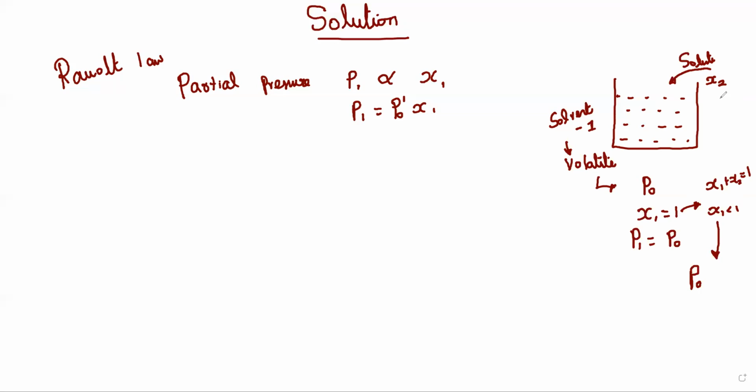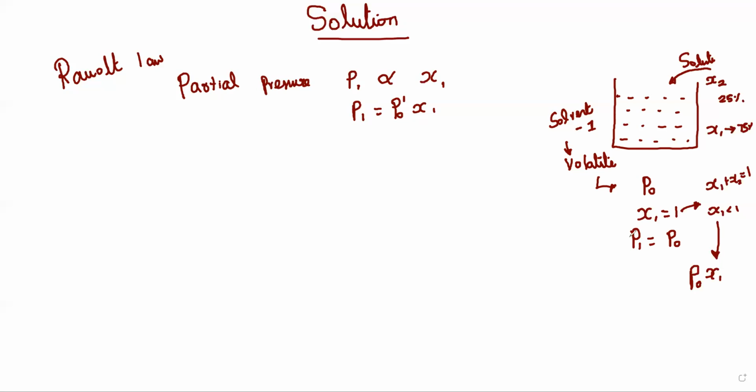So if I add 25% of solute, the solvent will become 75%. x1 will become 75% only. So automatically the pressure will be reduced to 75%. So we have to multiply the total vapor pressure with the mole fraction.